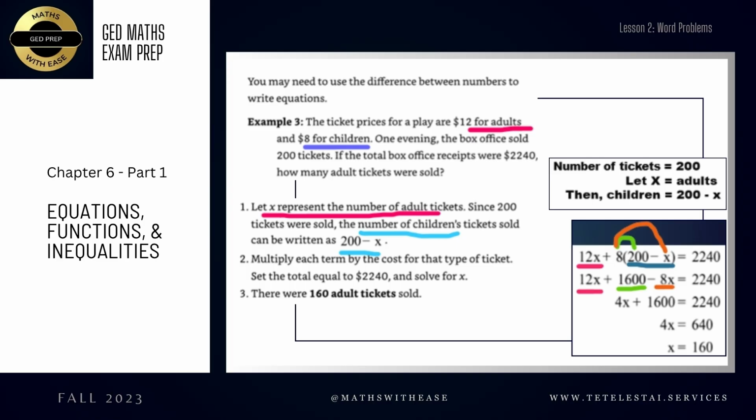Then to further isolate x, we simply divide both sides of the equation by 4. 4 divided by 4 is 1, which leaves us with 1x on the left-hand side. 640 divided by 4 is 160. And so we have our solution for the number of adult tickets that were sold that evening, based on the information provided in the question.